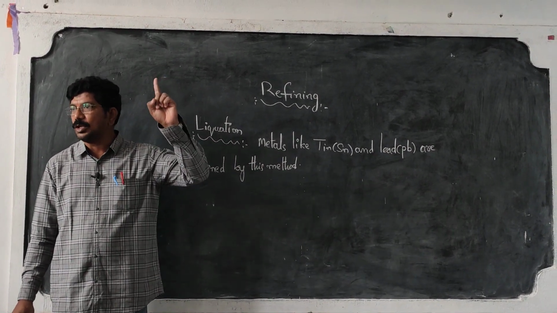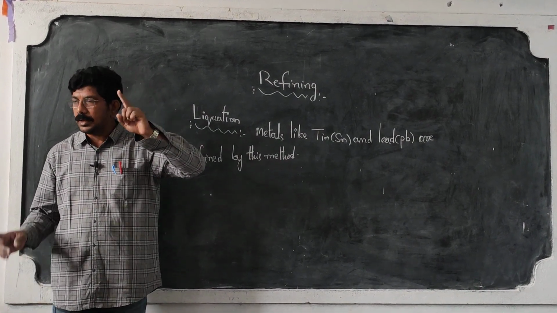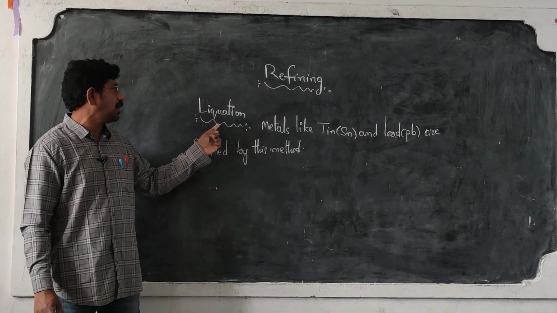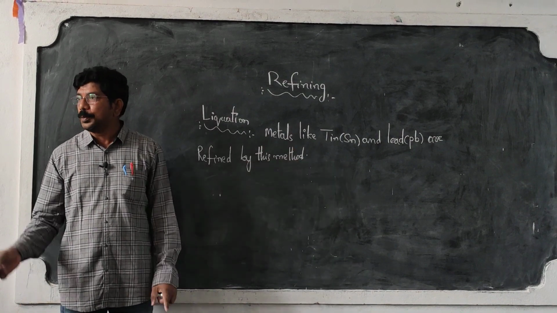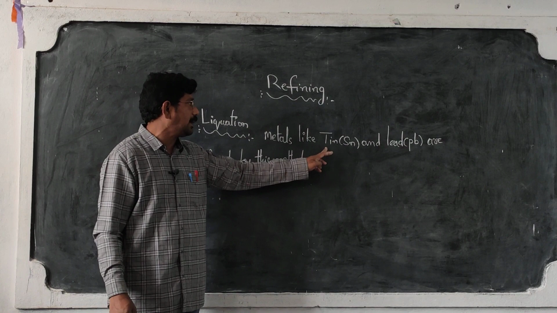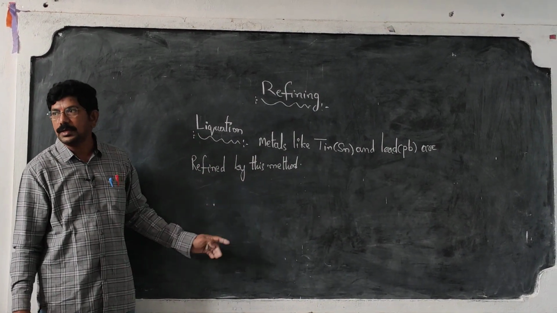In the beginning I told you distillation is used when there is a difference in boiling points. But this method is used when there is a difference in melting points between the crude metal and the impurity present in it. So metals like tin and lead are purified by this method, known as liquefaction.